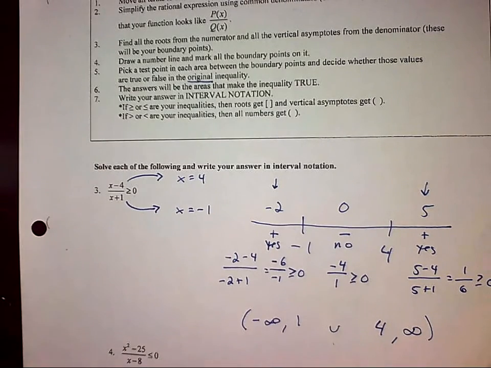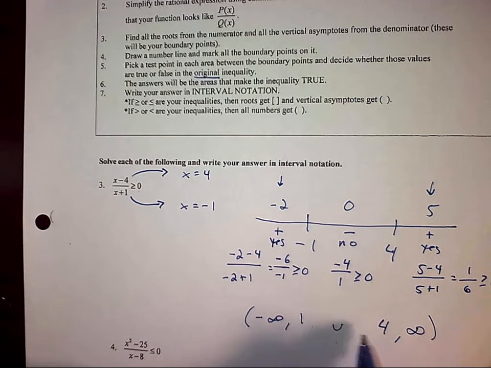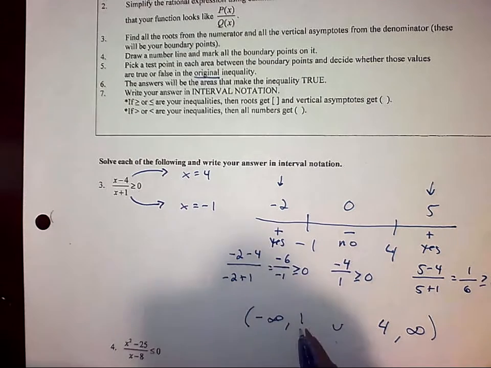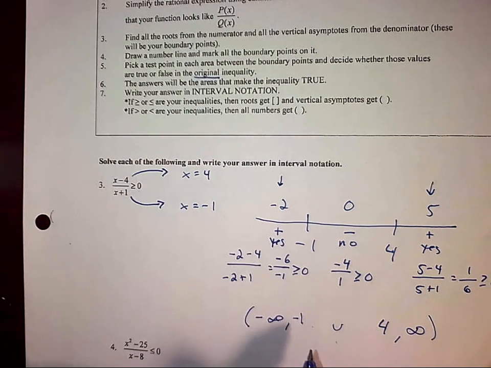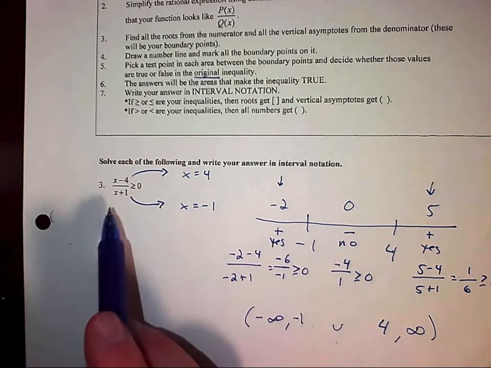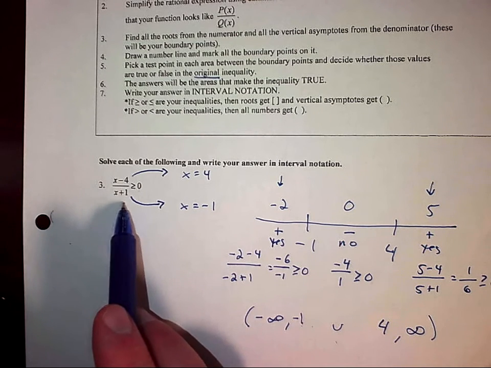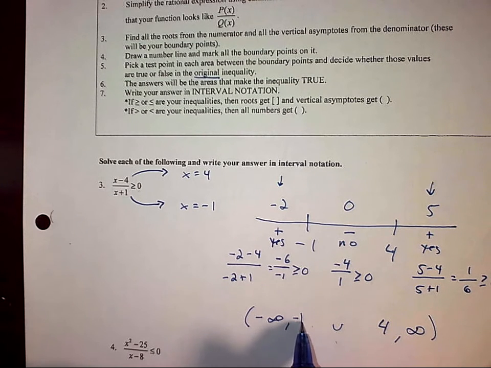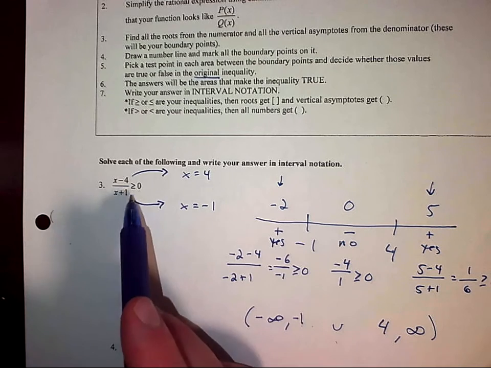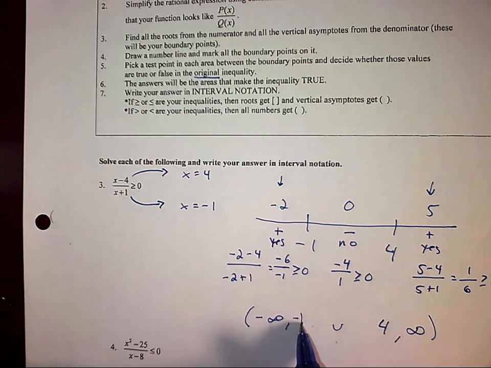Now I left the brackets or parentheses away here again because this 1 would make our denominator, I'm sorry, this should be a negative 1. This negative 1 makes our denominator equal to 0. So therefore, we can't keep this negative 1, even though it's greater than or equal to.